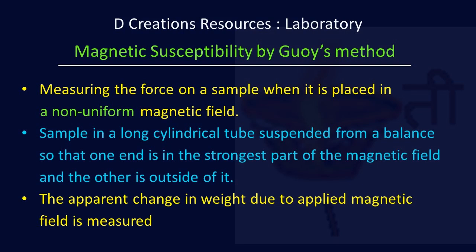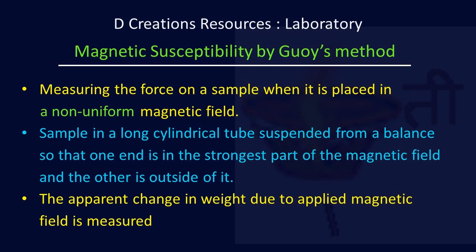To summarize, in this historical method proposed by Gouy in 1889, magnetic susceptibility is measured by determining the force on a sample when the sample is placed in a non-uniform magnetic field provided by an electromagnet, and the sample is placed in a long cylindrical tube which is suspended from a balance in such a manner that one end is in the strongest part of the field and the other is outside of it.